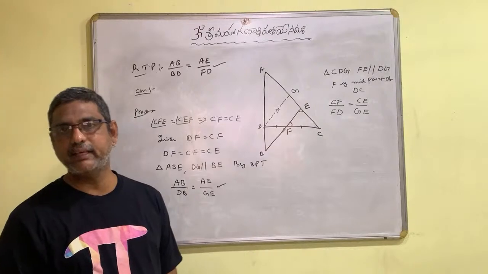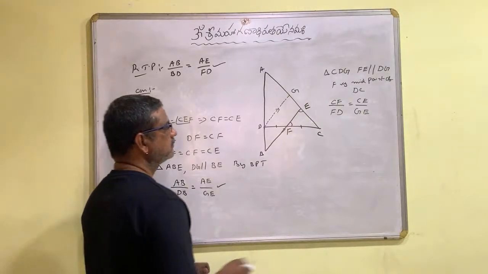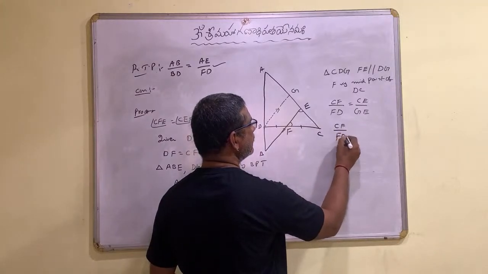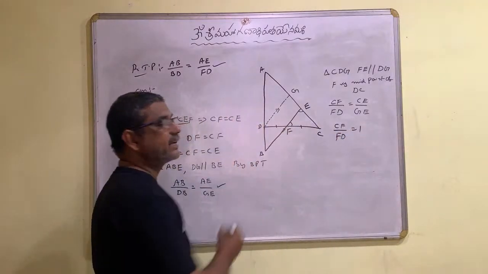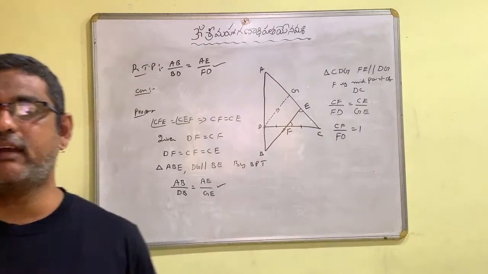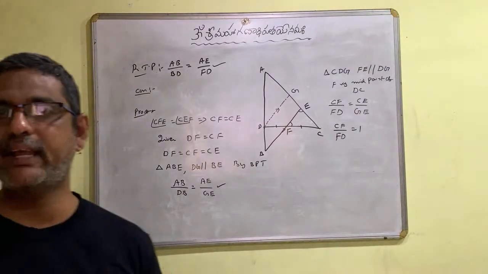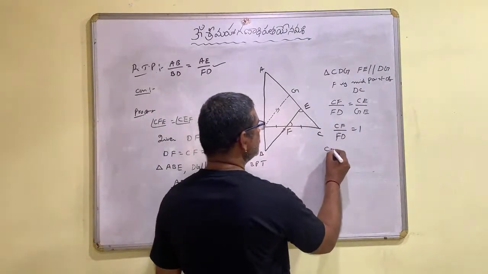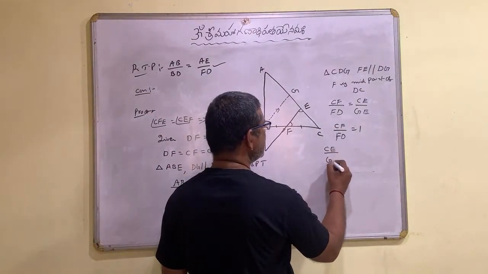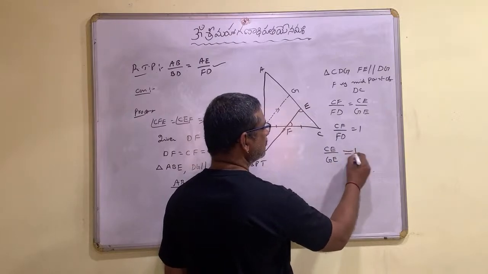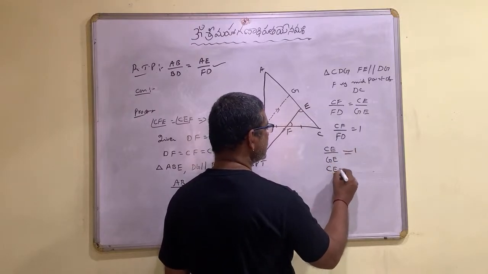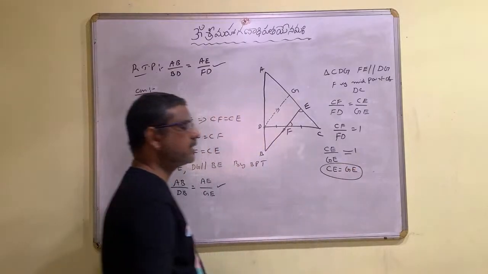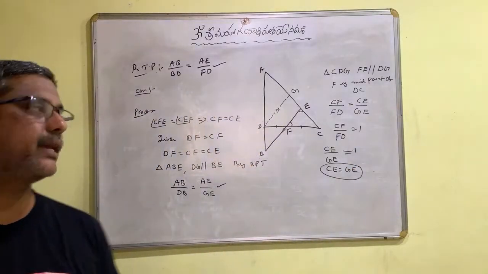But CF by FD is 1 because both are equal. So what will we get? CE by GE is 1. Then CE is equal to GE.